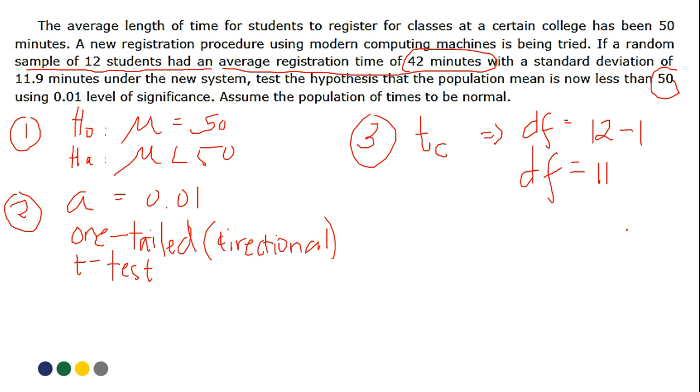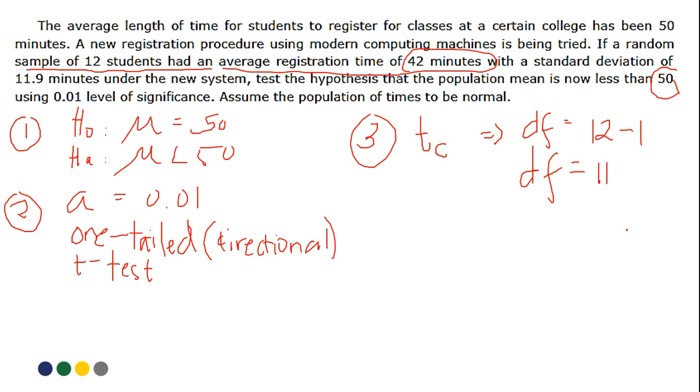Now, please bring out your T table and locate the critical region of 11 and 0.01. We're one-tailed. What is the answer? Check your module. 2.33. Are you sure?